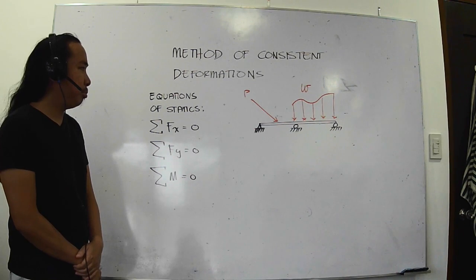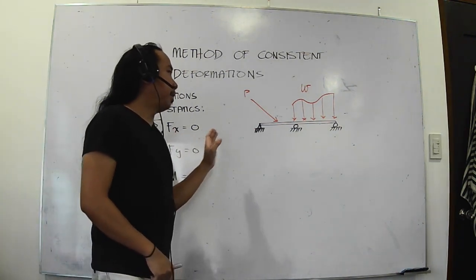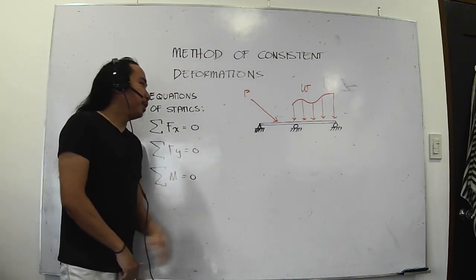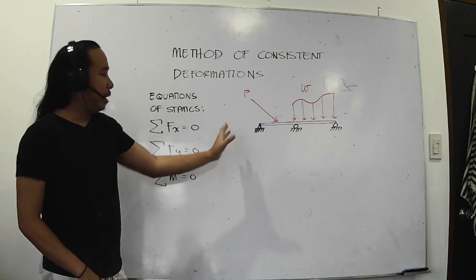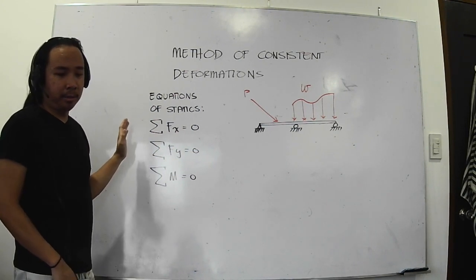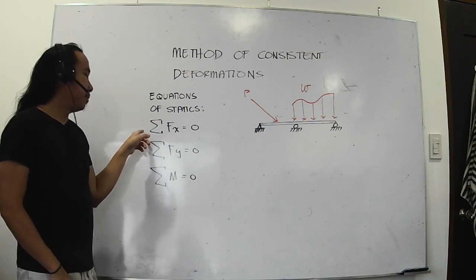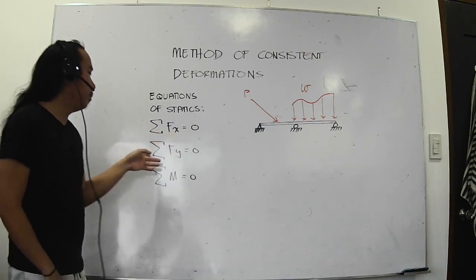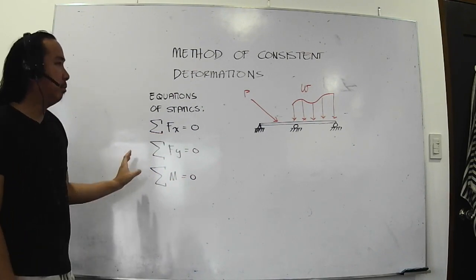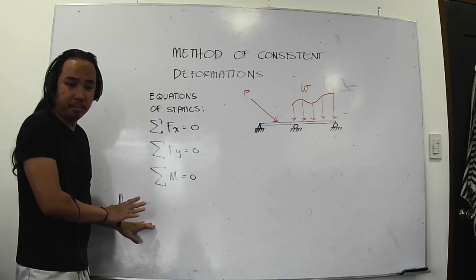When we say statically indeterminate structures, back in your engineering mechanics, those are the structures that cannot be analyzed using the equations of statics, or equations of equilibrium. We have the sum of forces in the x direction equal to 0, the sum of forces in the y direction equal to 0, and the sum of moments is also 0.